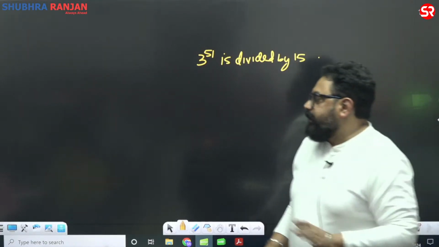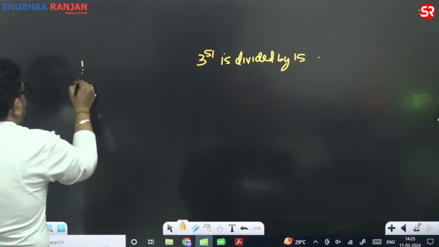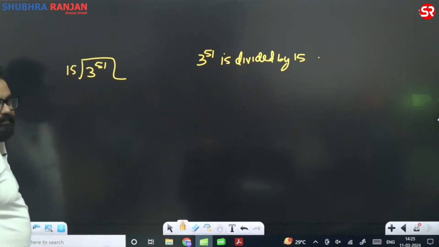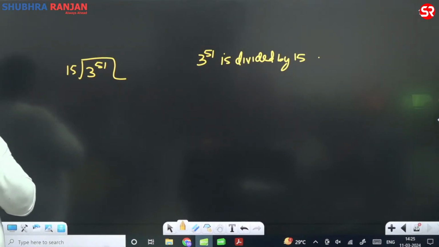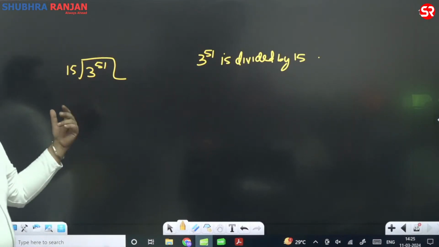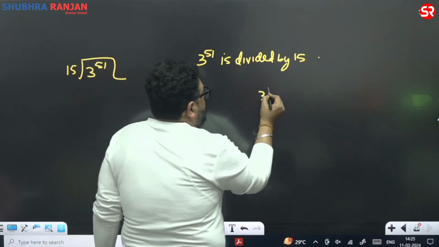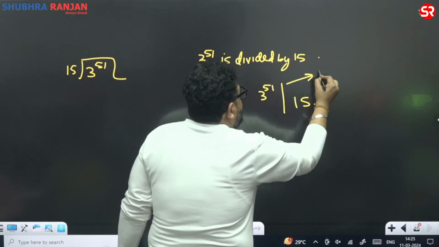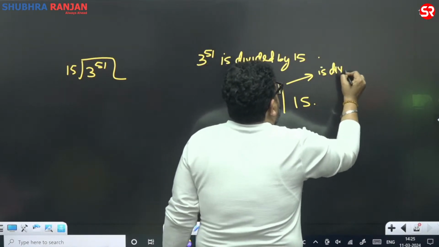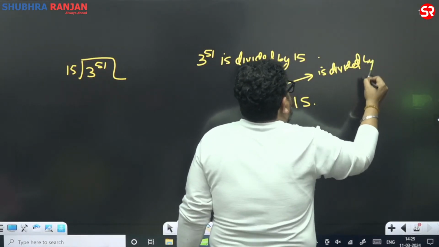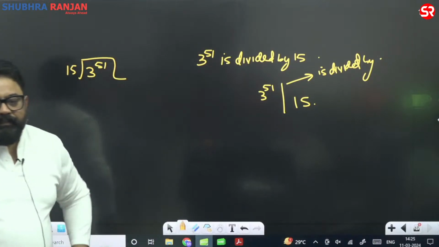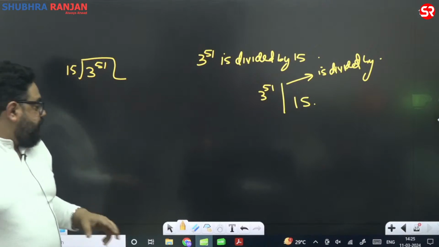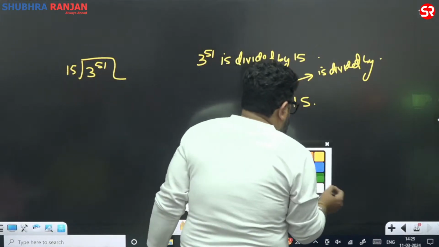Now it is, see, the basic logic is 3 to the power 51 is divided by 15, है ना? Remainder तभी आता है. So I am writing it as 3 to the power 51 is divided by 15. This straight line is divided by. This is the representation. Now I'm teaching you something which generally mathematically does not exist.